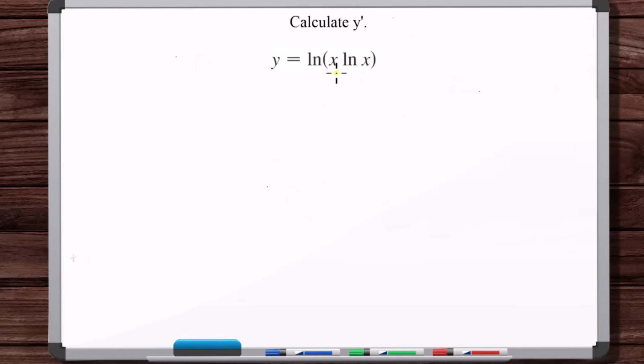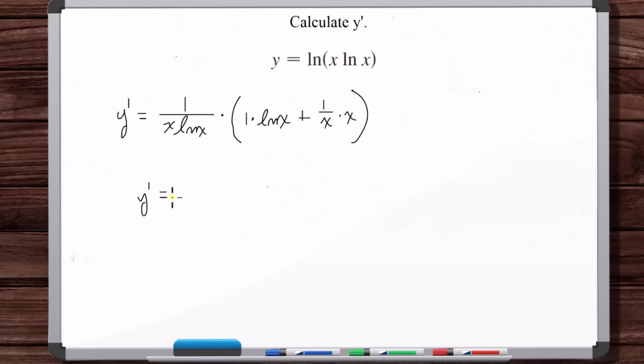Okay, chain rule. What's the derivative of the natural log of something? It's 1 over that something times the derivative of that something. Product rule. Derivative of the first times the second plus derivative of the second times the first. Okay, so we've got, and then 1 plus natural log of x.